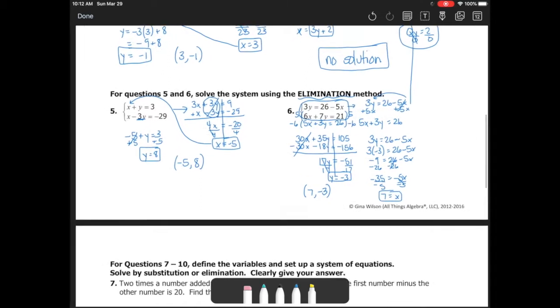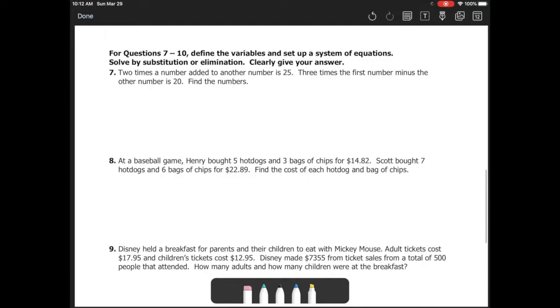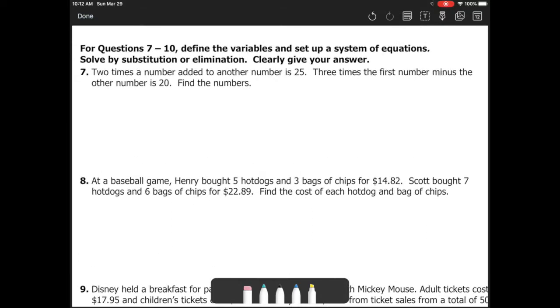All right. Now, going on to our word problems. It says define the variables and set up a system of equations, solve by substitution or elimination, clearly give your answer. So when they say define the variables, what they mean is tell what x and y are equal to.